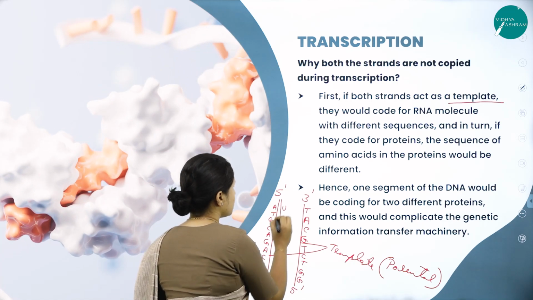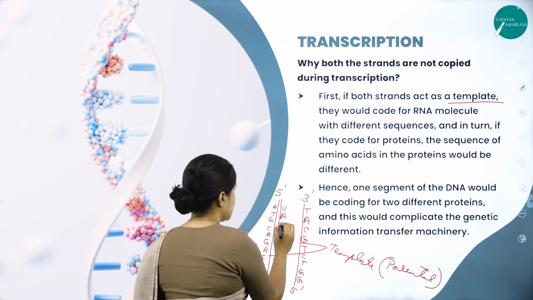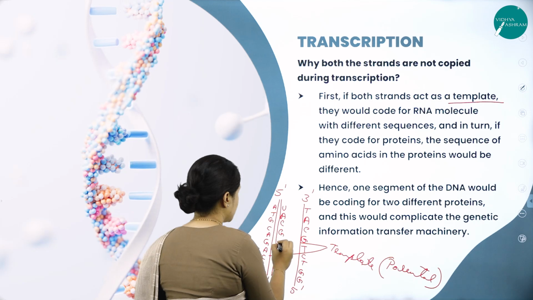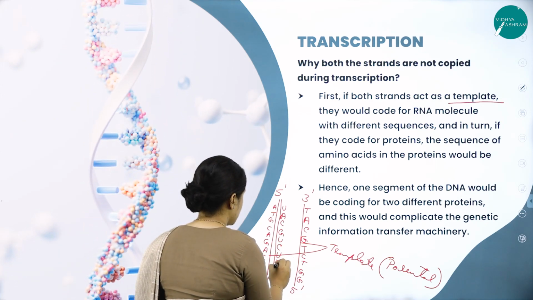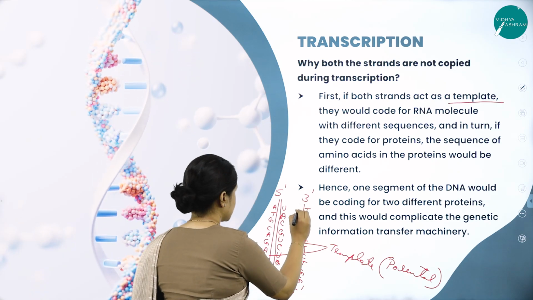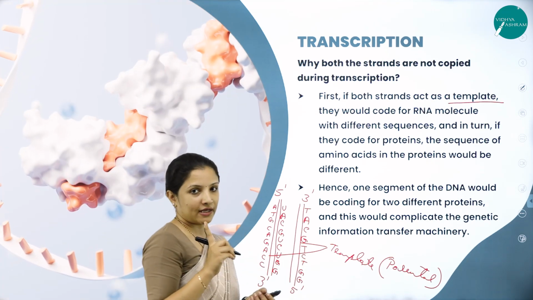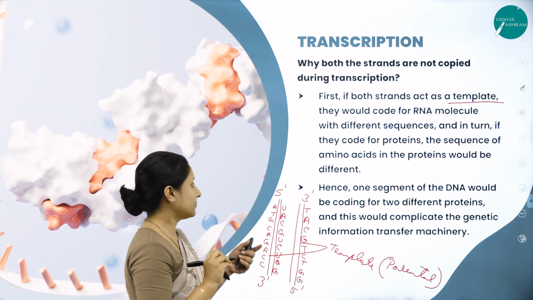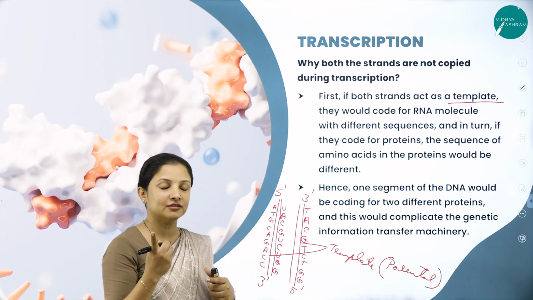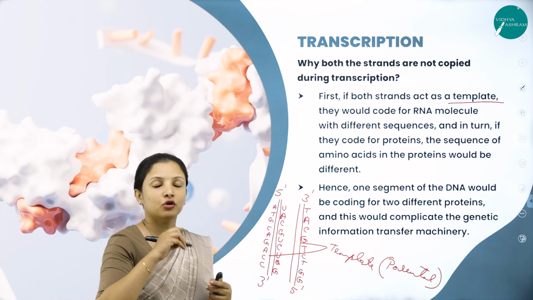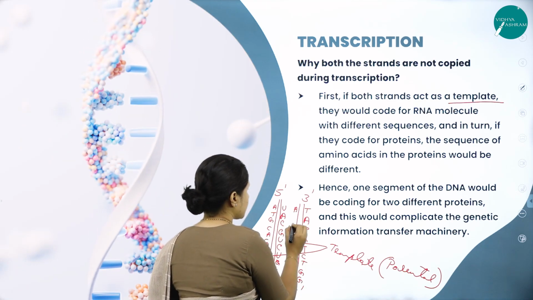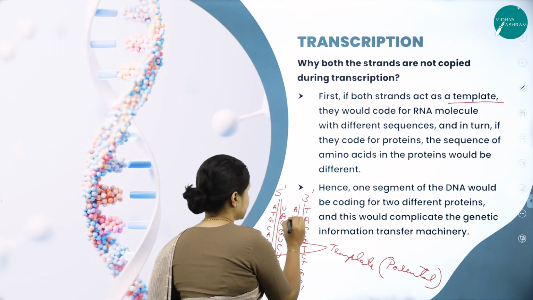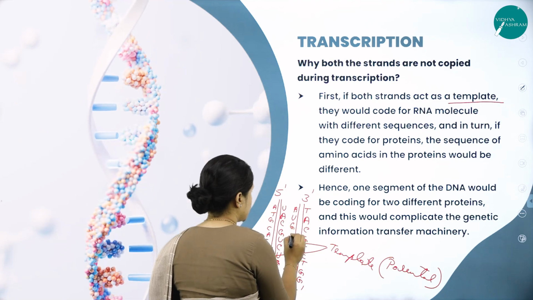So here it will be uracil, then adenine, cytosine, guanine, again uracil, cytosine, uracil, guanine and guanine. Similarly for this, actually only one strand will get produced, but I'm drawing two strands here to make you understand why two strands should not participate in transcription. So here it will be again adenine, then uracil, guanine, cytosine.